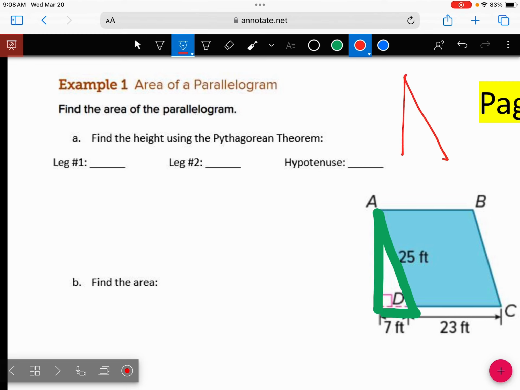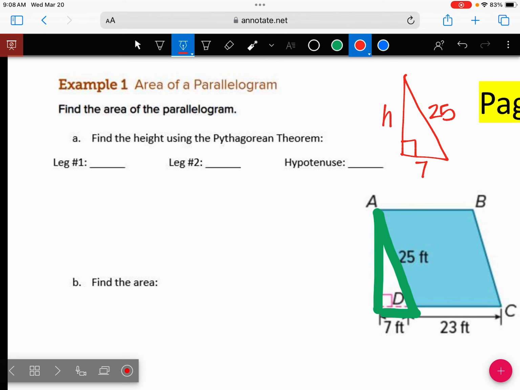To find the height, this is my right triangle. It told us that this side is 25 and this side is 7, and we're trying to find H. That's our height. Go ahead and redraw that off to the side because this is a test question next week where you have to figure out the height first. So we can't find the area because we don't know the height.